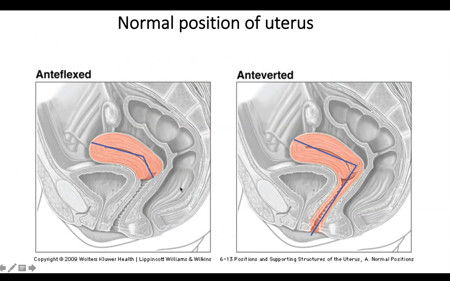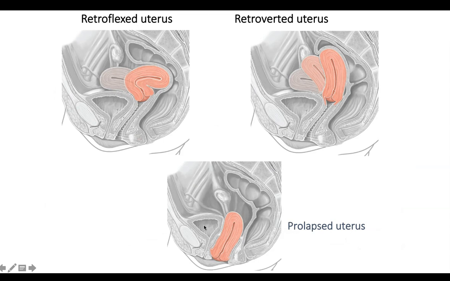The pelvic diaphragm muscle is usually very thin, and if this support gets weaker after several childbirths, the uterus can prolapse, and the prolapsed uterus can come out through the vagina, and that condition is very painful.